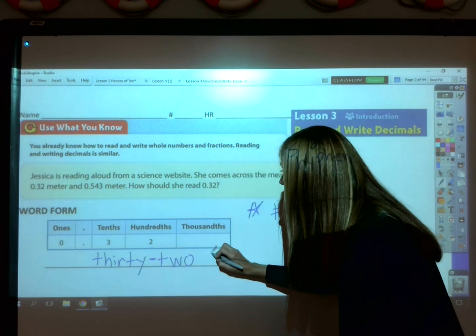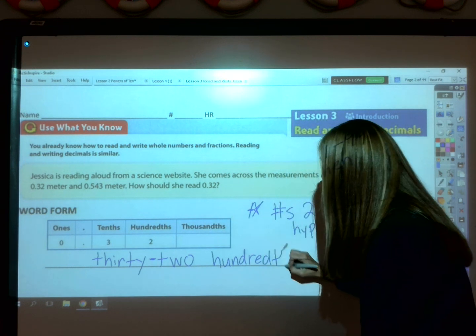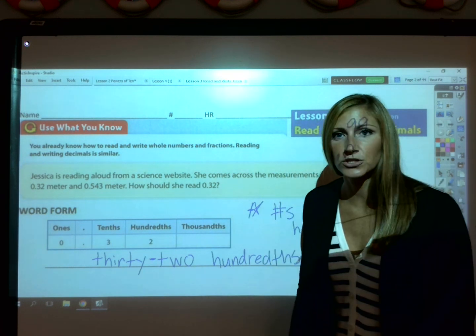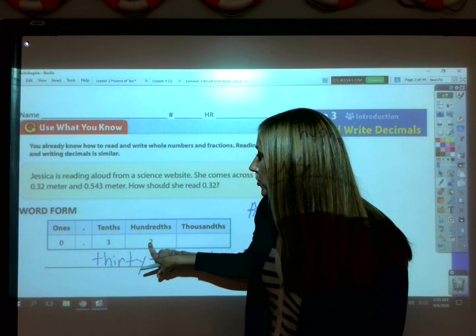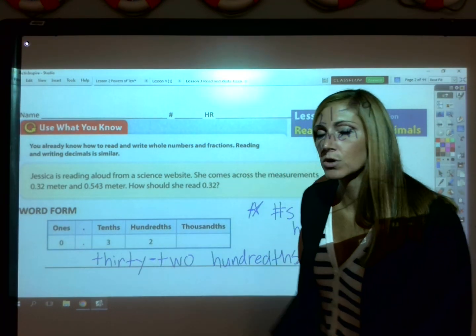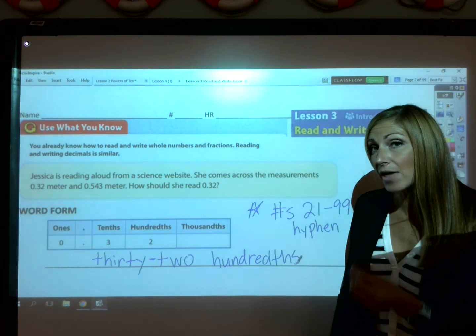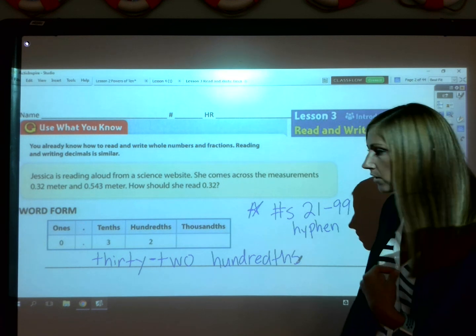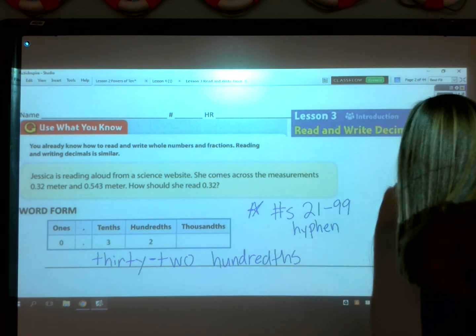So it's 32 hundredths. Okay, 32 hundredths. I know a lot of people will say 0.32 or 0.32. We're understanding what you're saying when you say it that way, but like a mathematician and using your knowledge about place value is reading it 32 hundredths.